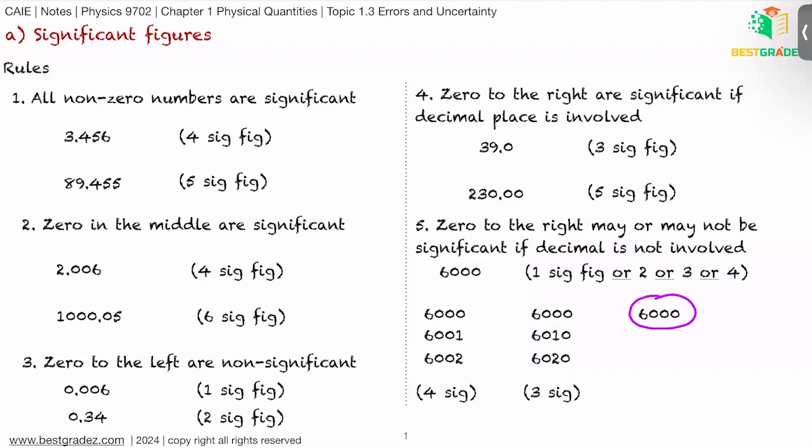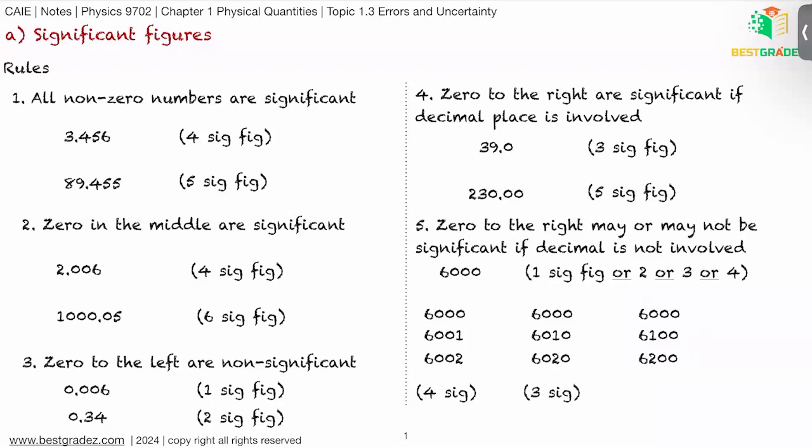But if I give you additional information and I say, no, this is actually an ammeter which gives us value in milliamperes. One value is 6,000, the other possible is 6,100 and 6,200, which means this instrument is designed in such a way that it gives you value to the nearest 100, which means the first 2 zeros cannot change.